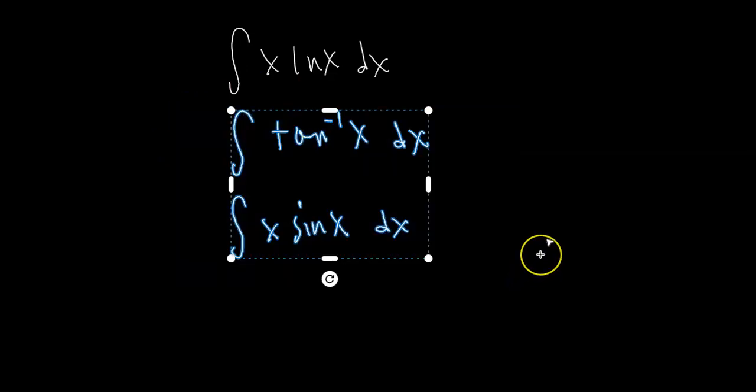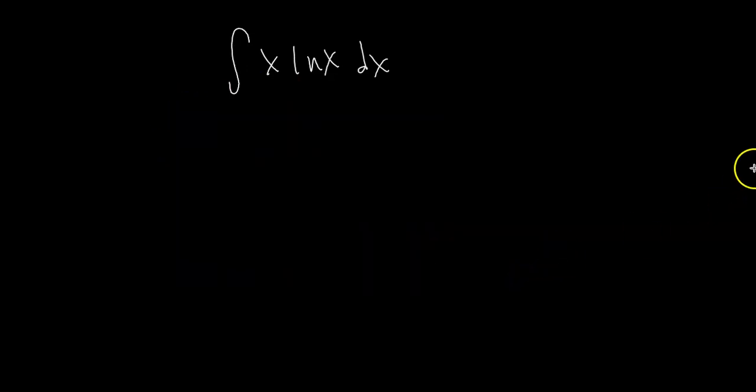I'm going to delete the bottom two for more space. Before we solve this, let's first write our acronym out. L stands for logarithm, and automatically we see that we have a logarithm here, ln x.